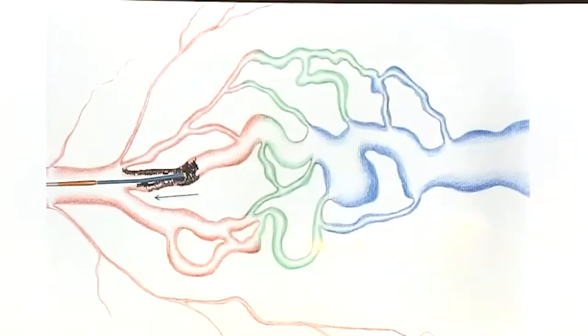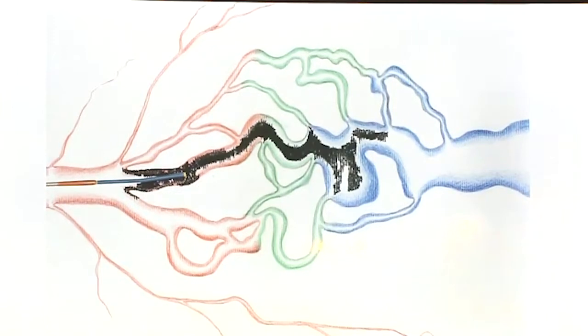I wait 3-5 minutes retrogradely while we close the artery, and expecting 15-20 minutes, the embolic material goes anterogradely, without balloon, without coil. This technique is very simple and very effective.